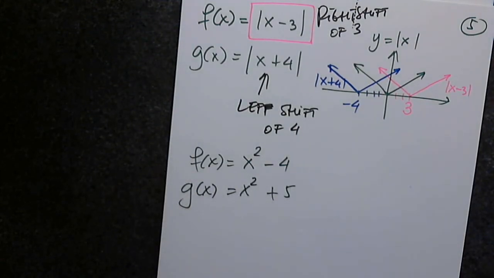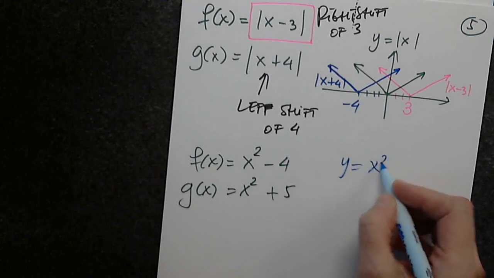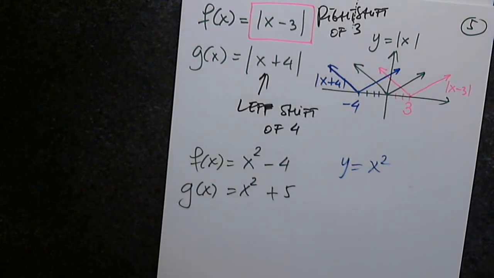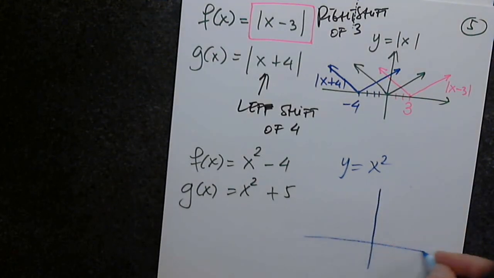Which base function or simple function did I use this time? Right? I used y equals x squared. We agree? Good. I know how to graph y equals x squared. Here it is. And now let's identify what we change. Do we change x?